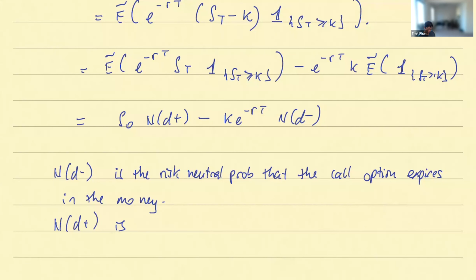It's probably unfair to ask you this because we haven't covered this, but it's kind of connected in this way. And I want to tell you right now, it's also the probability that the call option expires in the money.